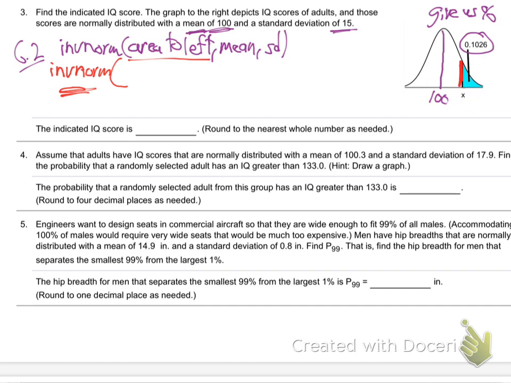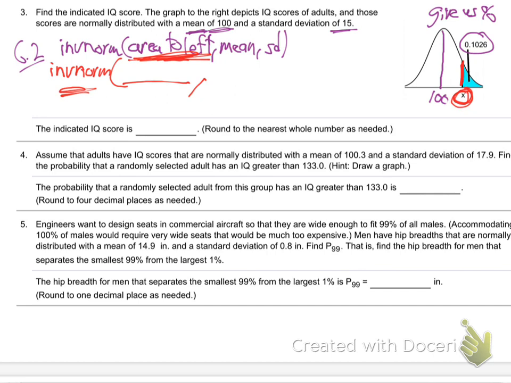In other words, you give me area to the left, you plug in right here, and I'll give you back the x value, the spot. If you want to know some spot on the bottom, x, you've got to give me area to the left of that spot, and I'll tell you that spot.